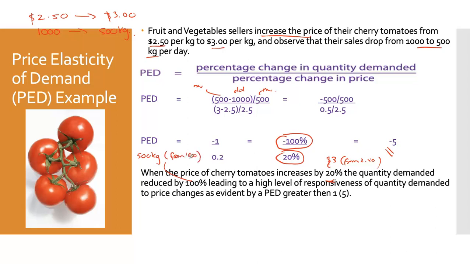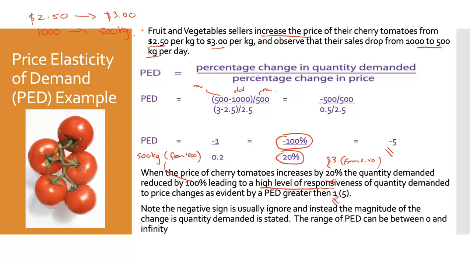This has led to a high level of responsiveness of quantity demanded to price change, as evidenced by a price elasticity of demand greater than 1, and I'll explain why that's important. Now you might note that I have ignored the negative sign, and we always ignore the negative sign when we're talking about it, so I can say this price elasticity of demand is 5.